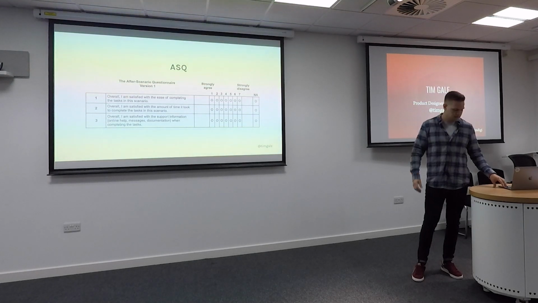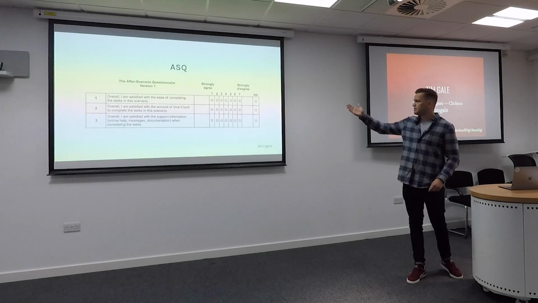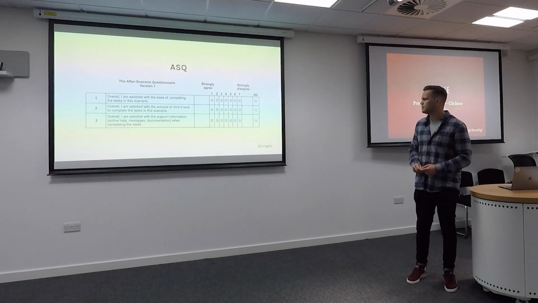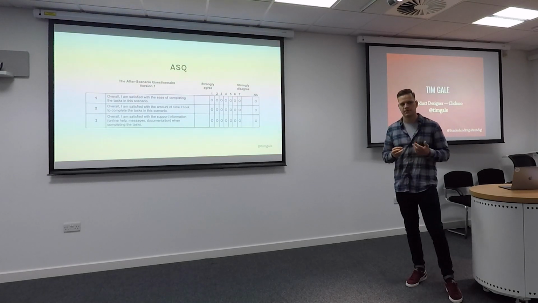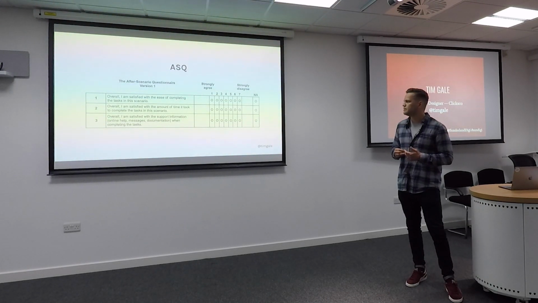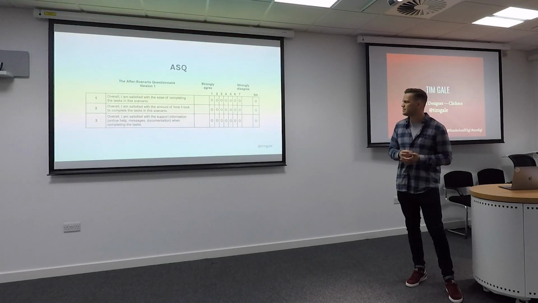I take the After Scenario Questionnaire as the example here, and again, it's based on a similar Likert scale. Five and seven seem to be sweet spots in terms of these questionnaires, and an improvement to produce more quality results than, say, asking a 10-option scale.